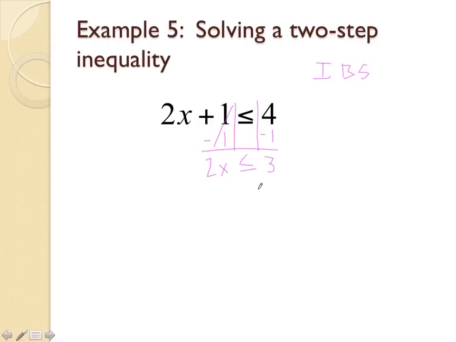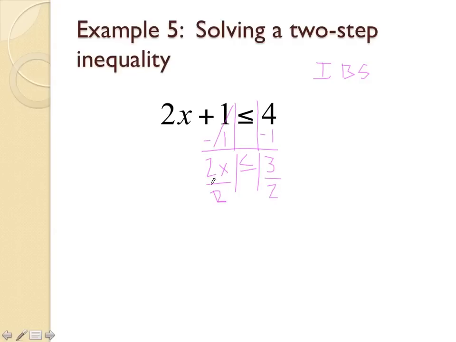All right, now I just do inverse balance solve again. So I have my railroad tracks. 2 and x are multiplied, so the inverse of multiplication is division. I represent that with a fraction bar and a 2 underneath. I'm going to balance it, so I'm going to do the same thing to the other side.